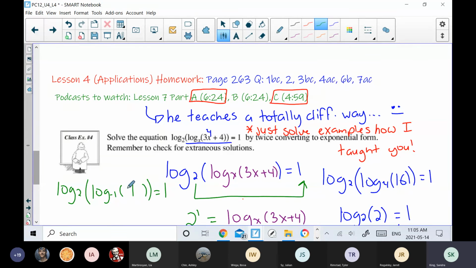So when students write this, here's a mistake that sometimes students will make. Students will look and say, oh, this argument is positive, therefore -1 is going to be a solution as well. What happens though, when we first did the first lesson on logs, and we said that the argument could never be negative, we also said that the base of the log could never be a negative number.